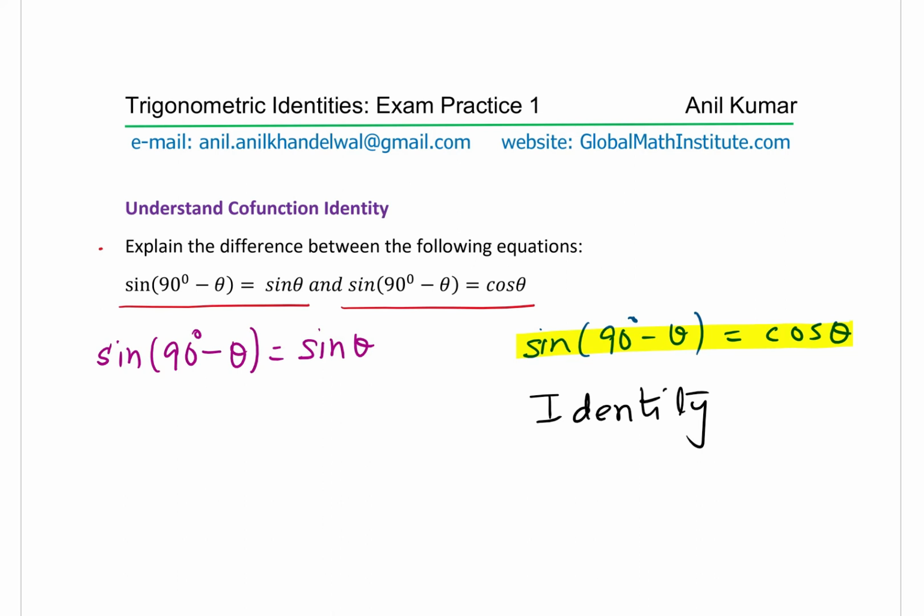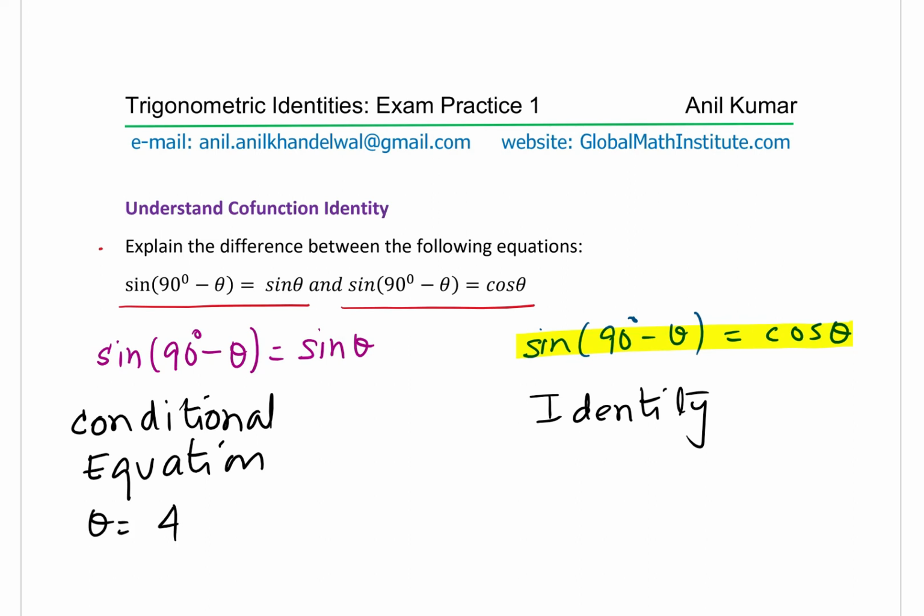It is always true. However, the other equation here is a conditional equation. This equation is only true for some values. For example, if theta equals 45 degrees, we get the same result. 90 minus 45 is 45. So we get the same result.